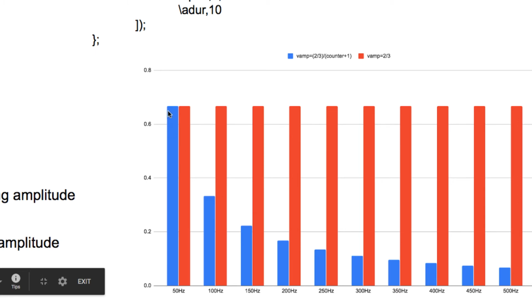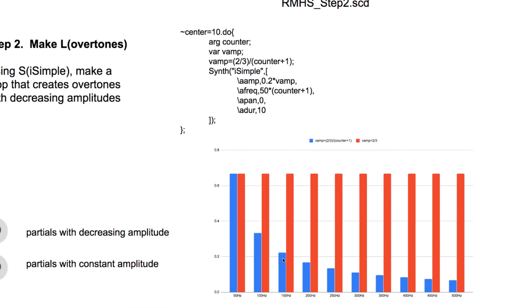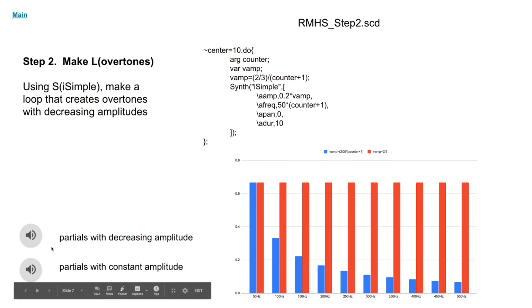See here? The first one will be this loud. My fundamental frequency could be this loud, 50 hertz, and then the next one will be 2/3 of that, and the 150 hertz will be 2/3 of 100 hertz in terms of amplitude, 200 being 2/3 of the 150 hertz. So in a way, you are going to create a sound that emphasizes the fundamental frequency. Let's hear that.